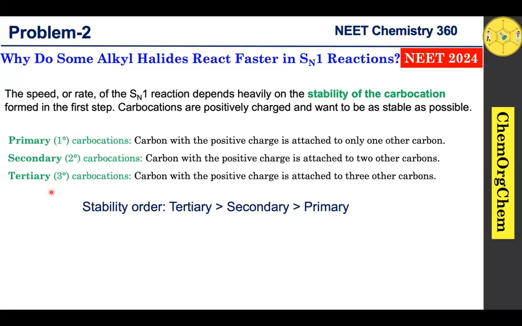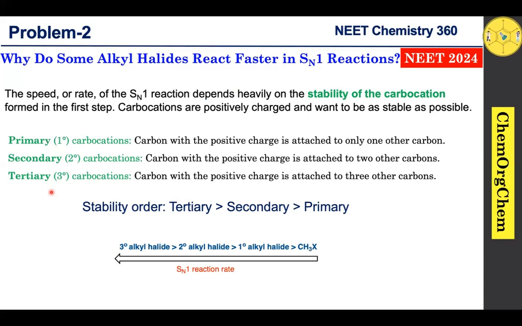Primary carbocation is one of the least stable carbocations. Based on that, when you arrange the alkyl halides, tertiary alkyl halide reacts faster in SN1 reaction, while methyl halide has one of the lowest reaction rates in SN1 reaction.